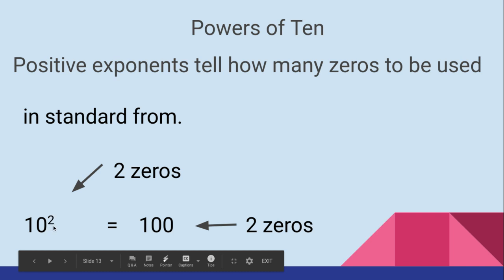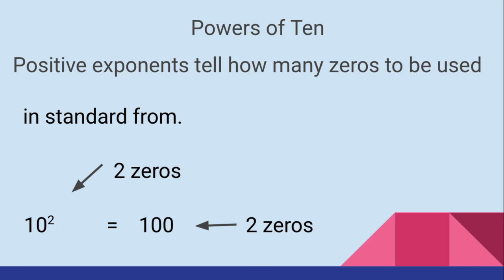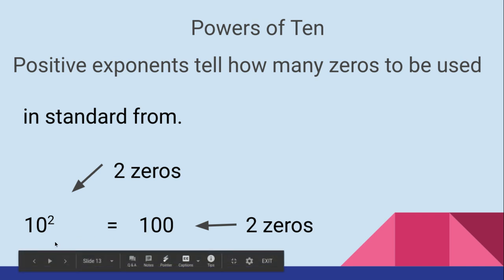So I'm going to have 2 zeros. So when I go over here to write my number, after the 1, I'm just going to put in 2 zeros. So if you remember a minute ago when we multiplied 10 times 10, we got 100. Well, here, my 2 in the exponent tells me I'm going to have 2 zeros here as well.